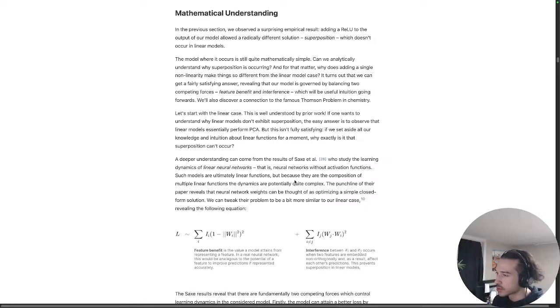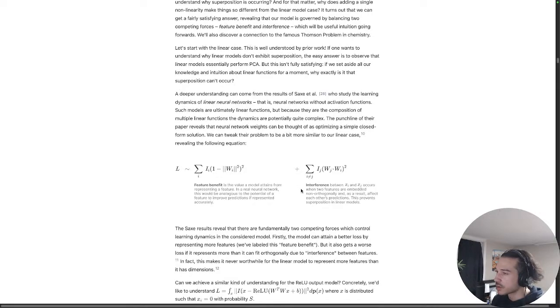of linear neural networks, that is, neural networks without activation functions. Such models are ultimately linear functions, but because they are the composition of multiple linear functions, the dynamics are potentially quite complex. The punchline of their paper reveals that neural network weights can be thought of as optimizing a simple closed-form solution.